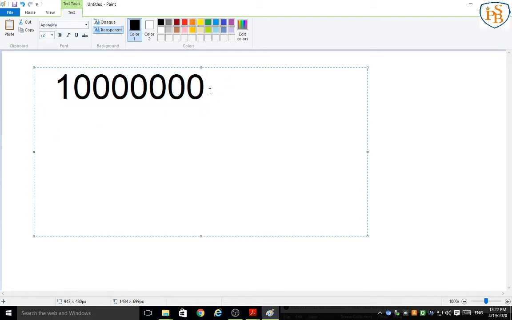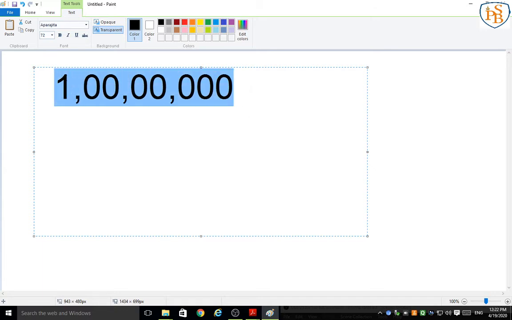If you want, I will help you. We'll start to read the place values. First is ones, tens, 100, 1000, 10,000, lakh, and then crore. So the number 1 crore has 7 zeros. Okay, how many? 7 zeros.